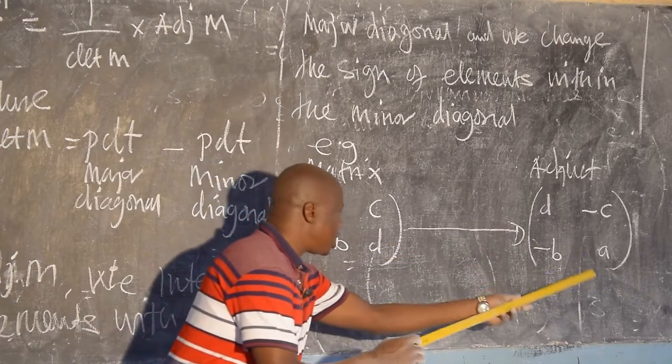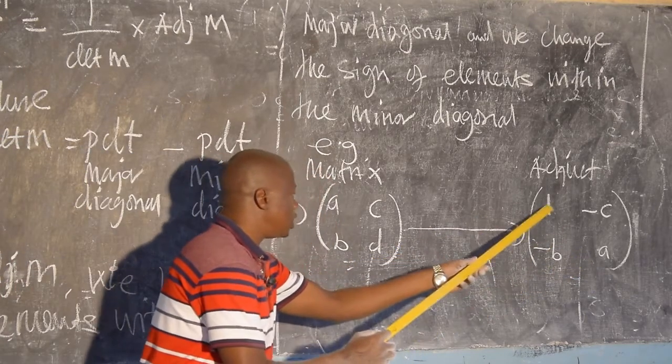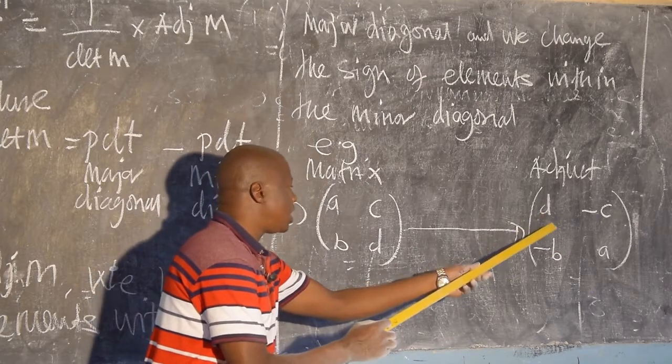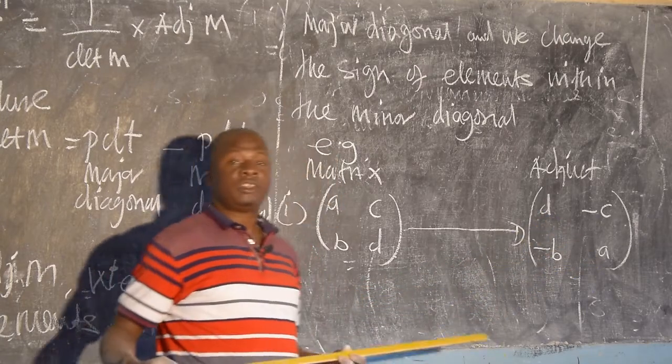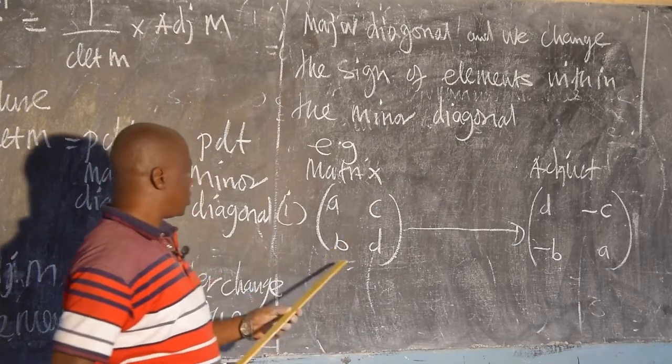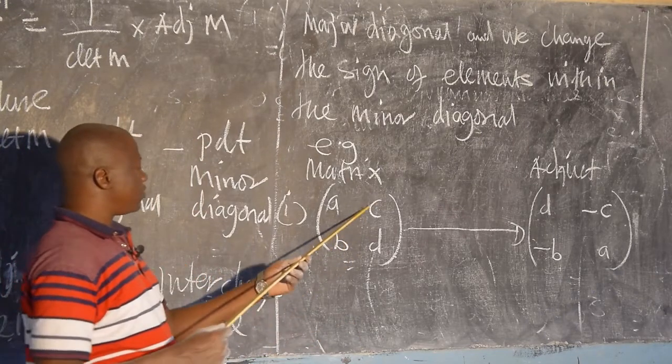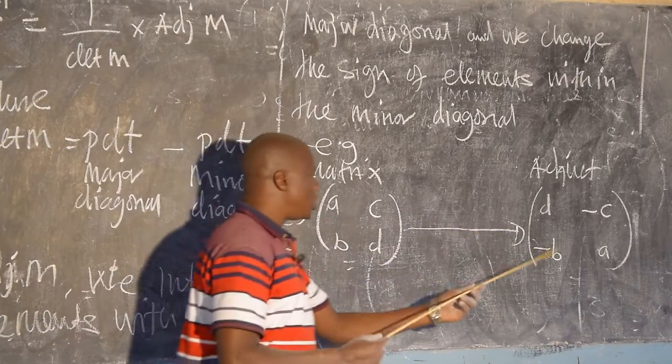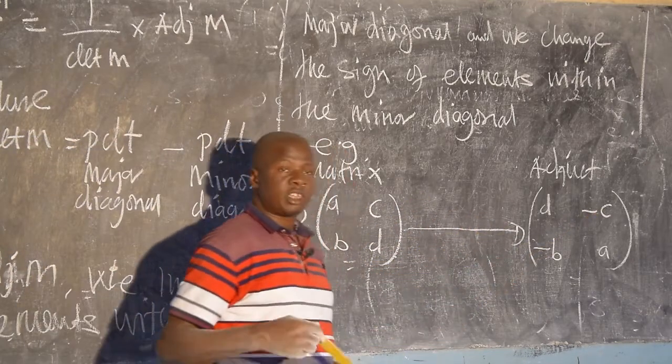D is replacing A and A is replacing D. Lastly the minor, change the sign. We see that we have positive, meaning that here we have negative.